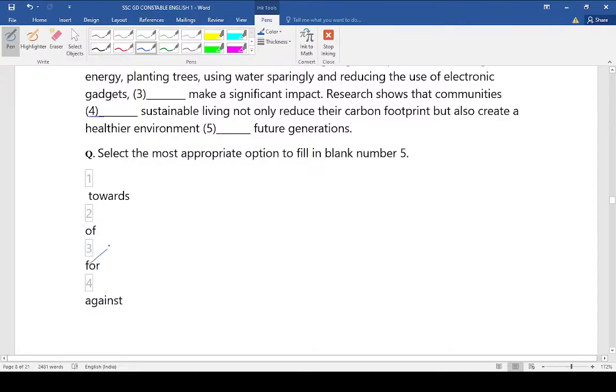For is used for doing something further for somebody. In that case, for will be used. Towards indicates position. Against is going opposite in direction. Of is to combine. So in that aspect, for is the correct answer.